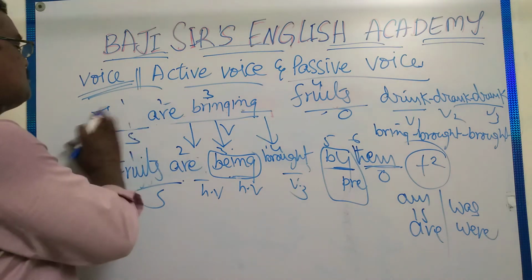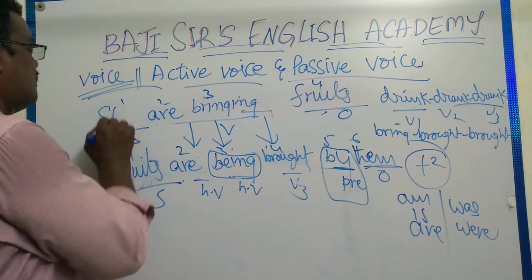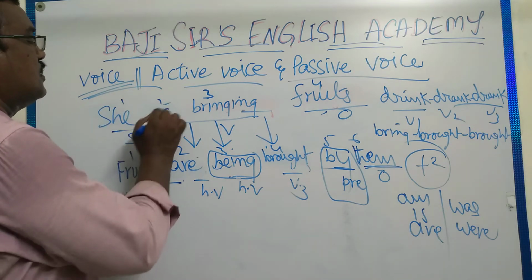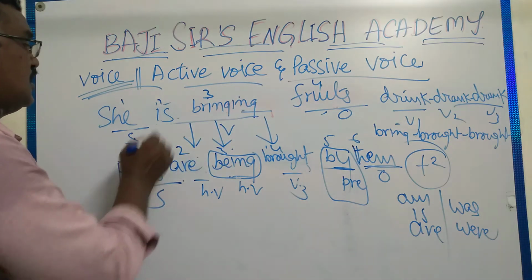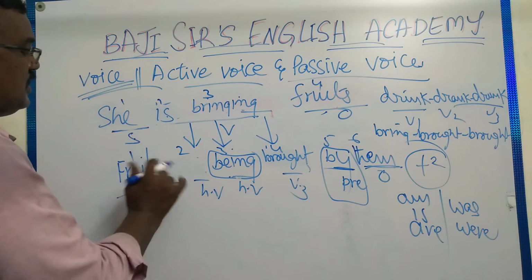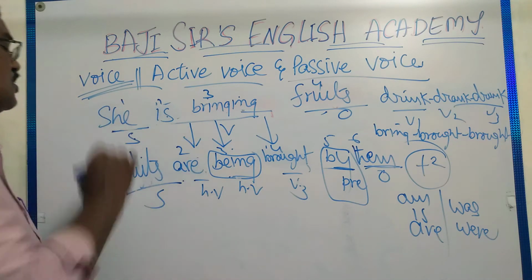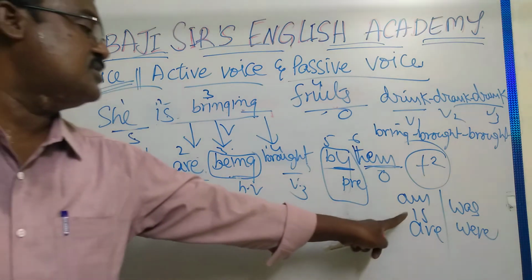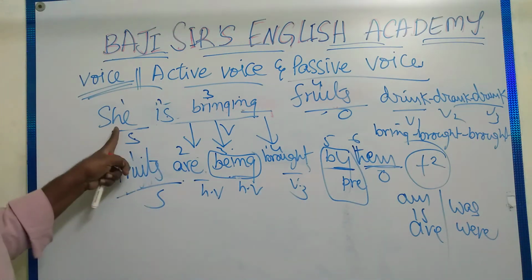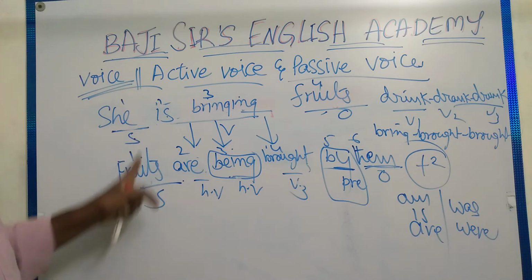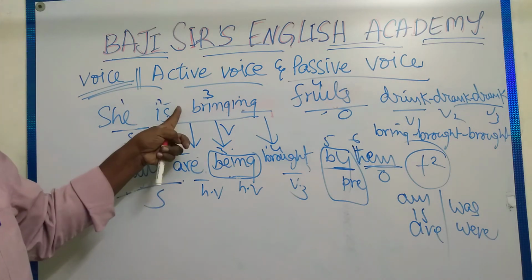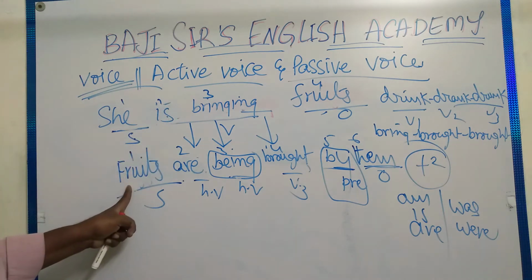For example, the subject is she here. She is bringing fruits. Automatically fruits here present tense. Automatically here also same we can keep. Fruits are, present tense only. Is is present tense. Here she means singular, is we have taken. But here this is a separate sentence. Though it is the passive voice of this sentence, this is a separate sentence.